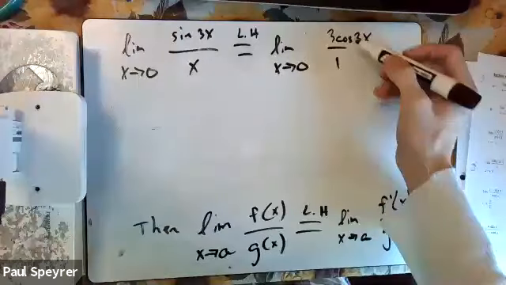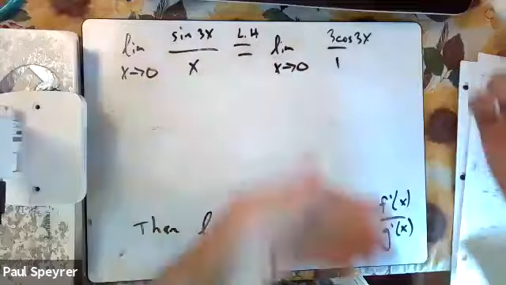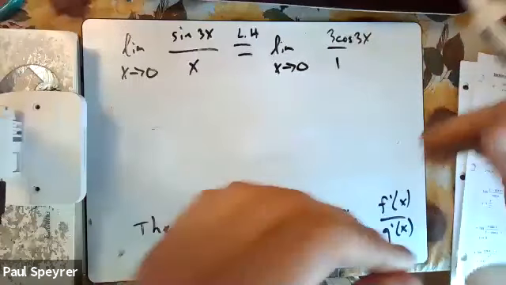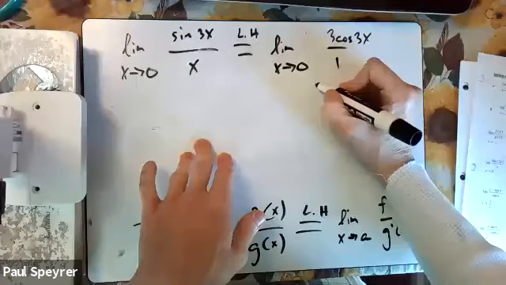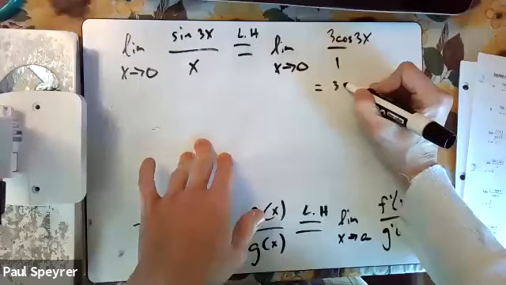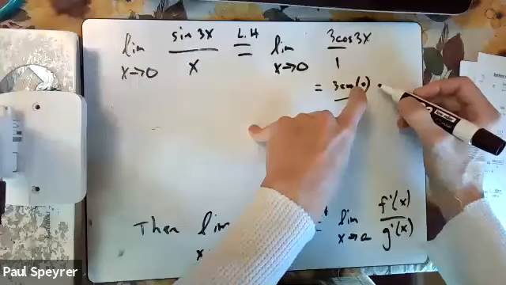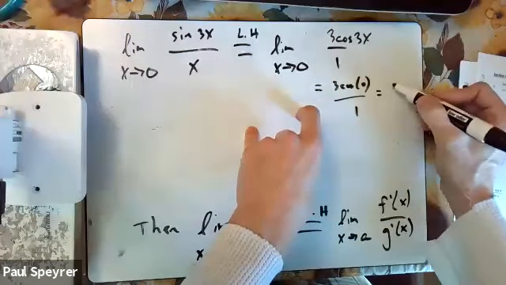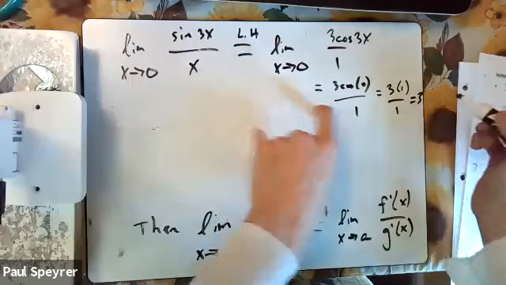So when we plug in 0 now, do we wind up with 0 over 0 or infinity over infinity, some kind of indeterminate form? No, right? Because what happens right here? You get 3 cosine of 0 over 1. But what is cosine of 0? That's 1. So this is 3 times 1 over 1, which is 3.